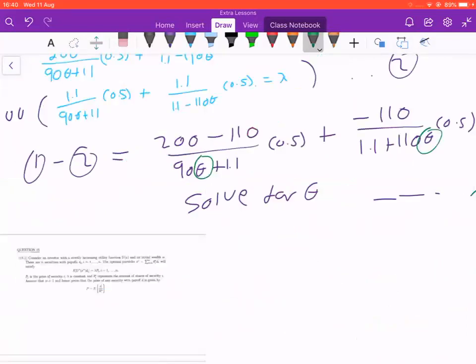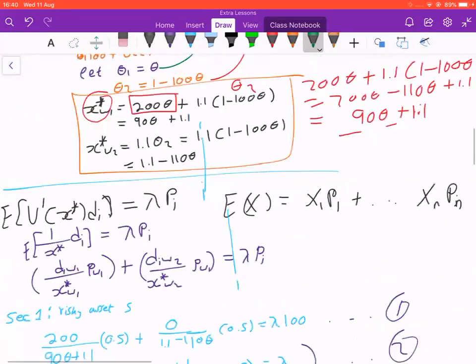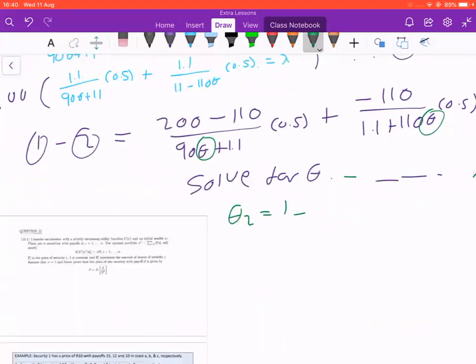Once you have found theta, you will know that theta 2 is going to be 1 minus 100 theta 1, and then you solve for theta 2. We know that theta 1 is just going to be theta, right?